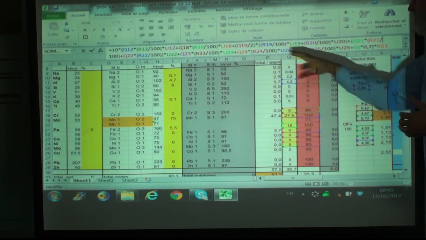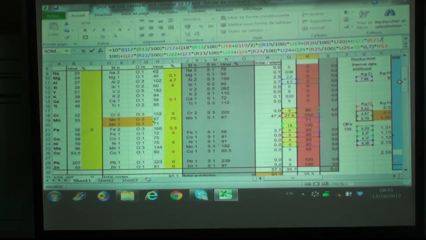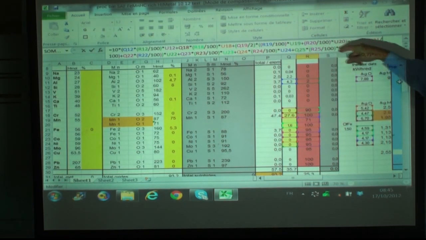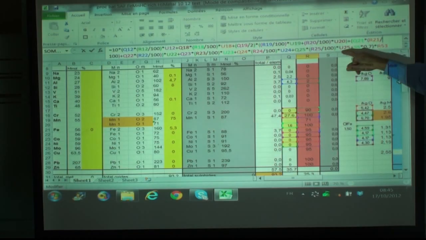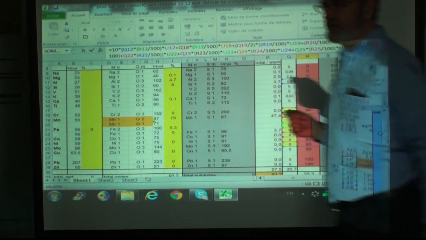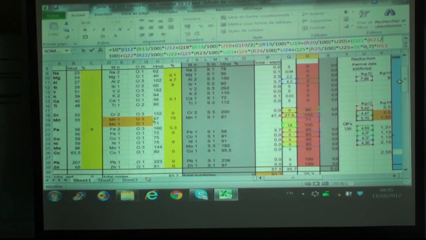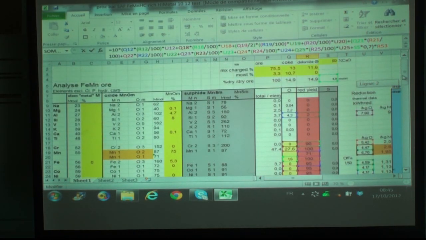And here you have all these reduction heats plus one term. The last is one specific term, this one. This is the term of evaporating the moisture.